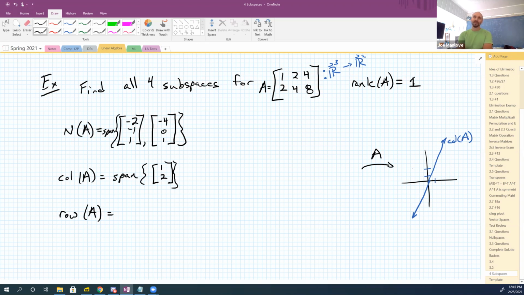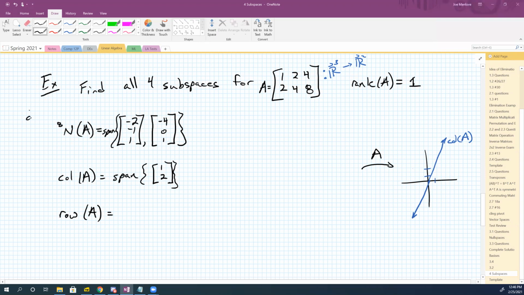How many dimensional do I expect the row space to be? Three? Mm-hmm. Oh no, I'm wrong. Yeah, I expect it to be a subset of R3, right?